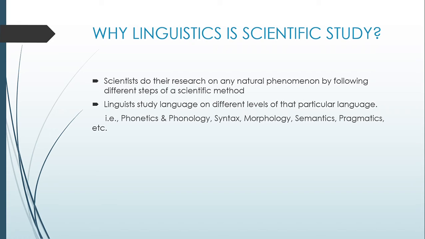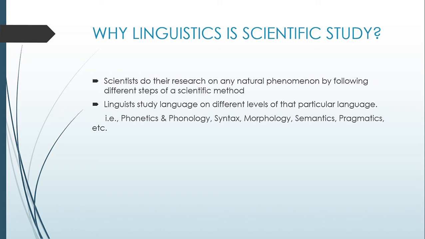Linguists, once they study a language, carry out that study step by step. For example, they see how sounds are made, how different sounds collaborate with each other to form words, how words are formed, and by how many methods you can form words.